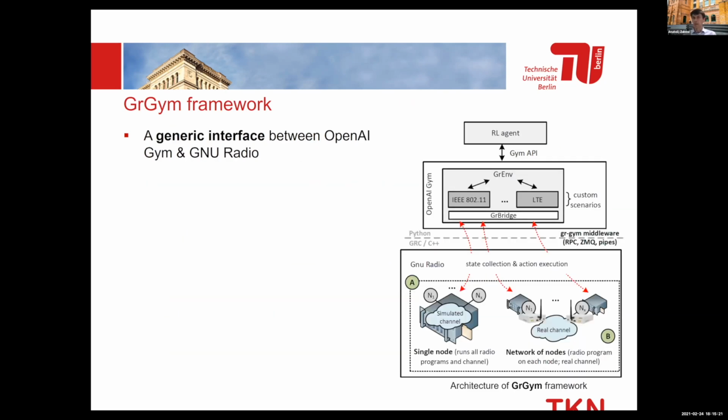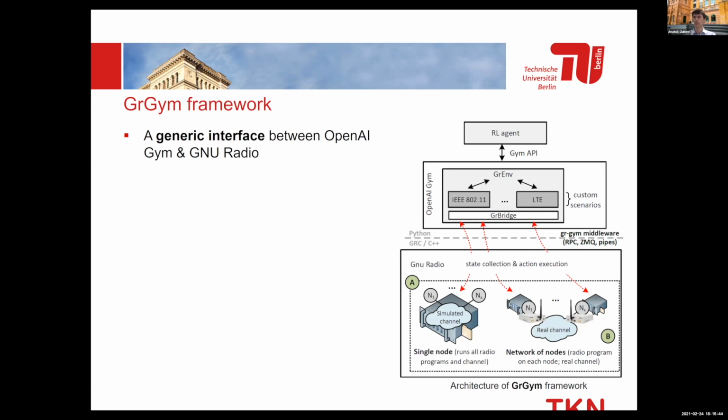Okay, so then we developed this GrGym framework. So what is GrGym? It basically contains the following two components. On one side, GNU Radio, and on the other side, OpenAI Gym. And our main contribution is the design and implementation of a generic interface between the two frameworks.